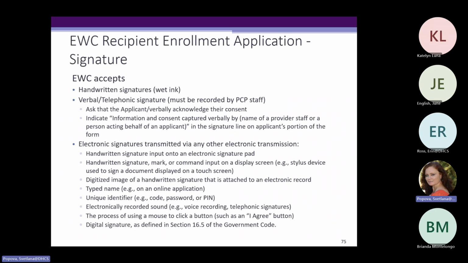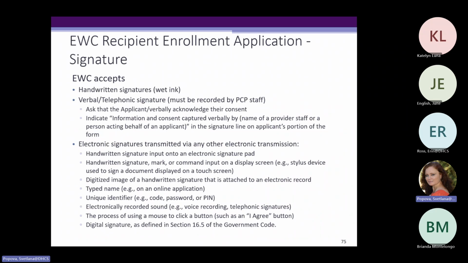But in general, what does electronic signature mean? It can be a handwritten signature that is put into an electronic signature pad, as we do right now in probably any store. A handwritten signature or comment on the display, such as with the stylus device that we use when the document is displayed on a touch screen.